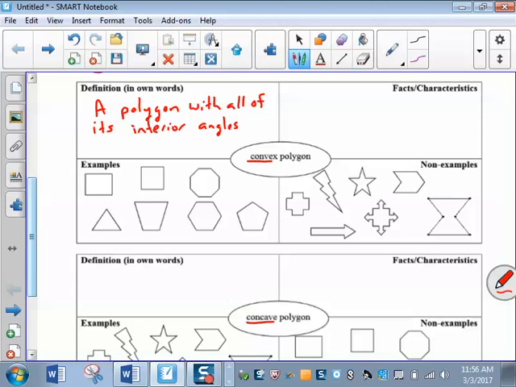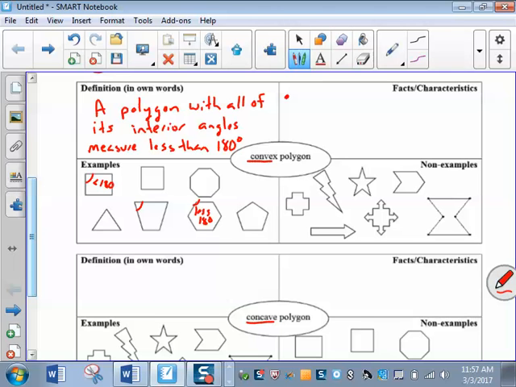Interior angles that measure less than 180 degrees. Right? So when we talk about interior angles, we're talking about inside. This is less than 180 degrees. This angle here is less than 180. Right? All of the interior angles are less than 180 degrees.